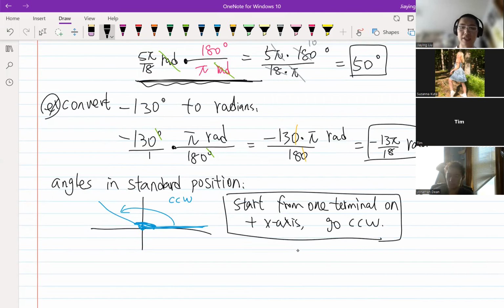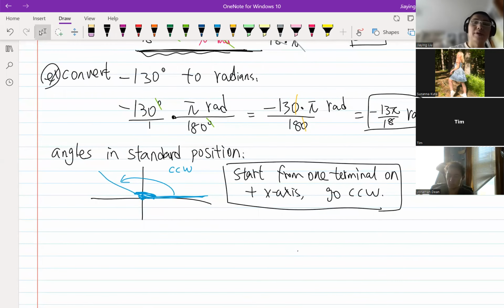That will give us a positive angle and a negative angle. So this is the positive angle. Now, what is the negative angle? How do we draw it? A negative angle, again, is going to start from the positive x-axis. It's going to go clockwise. So this is a negative angle.